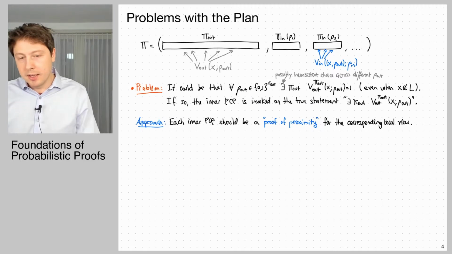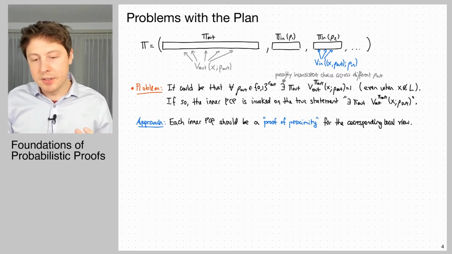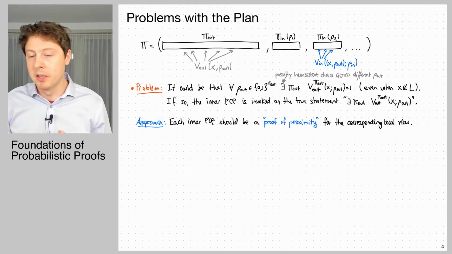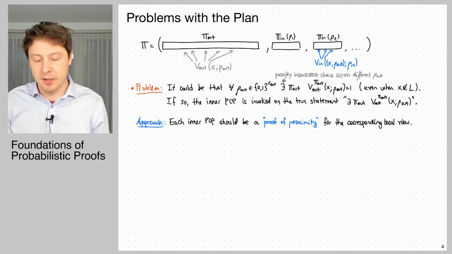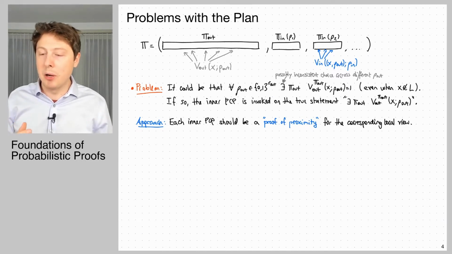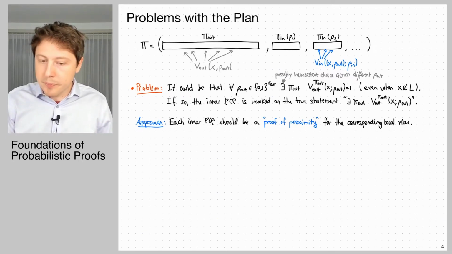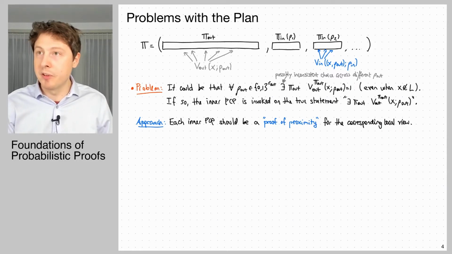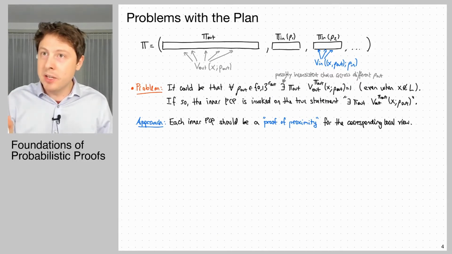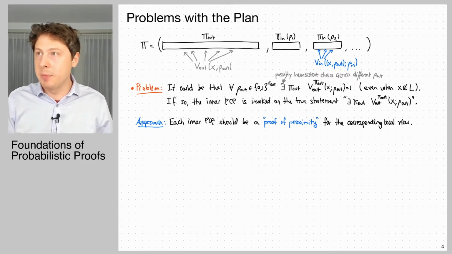And an approach that we're going to use to address this is that the inner PCP should in fact be a proof of proximity. Okay, we've come across proofs of proximity before, most notably when we talked about the IOP of proximity for the Reed-Solomon code. But here we'll come across them in their full generality, about general languages. So what we want is for the inner PCP to say that a specific local window, a local view of the outer proof that was fixed before the randomness was sampled, is either accepting or rejecting, right?